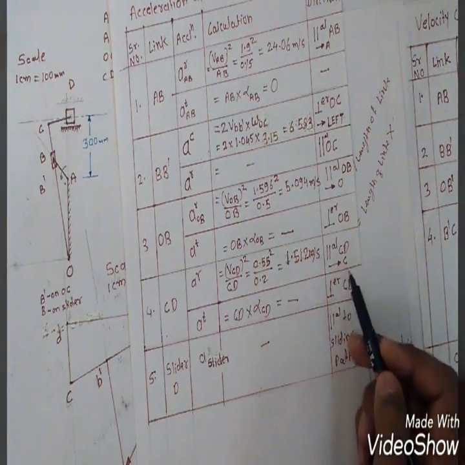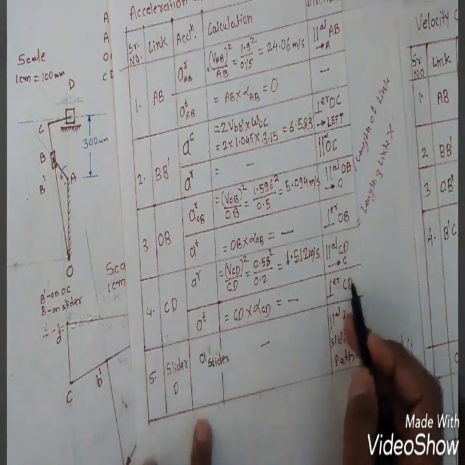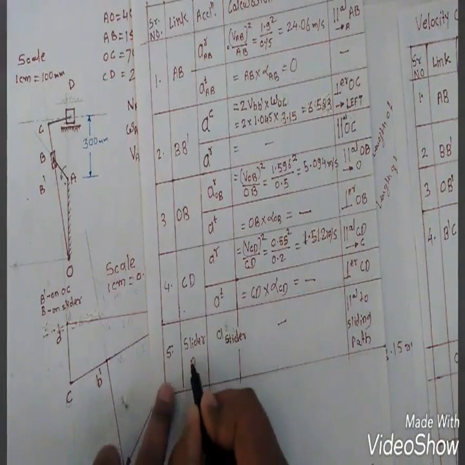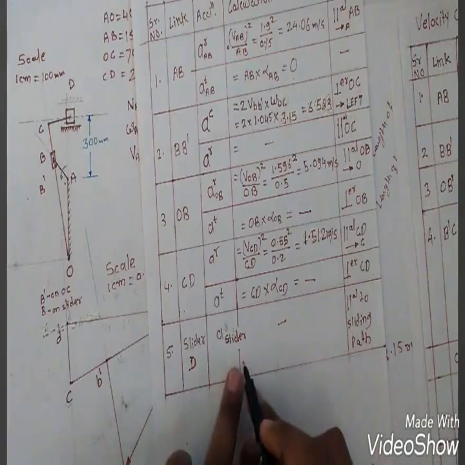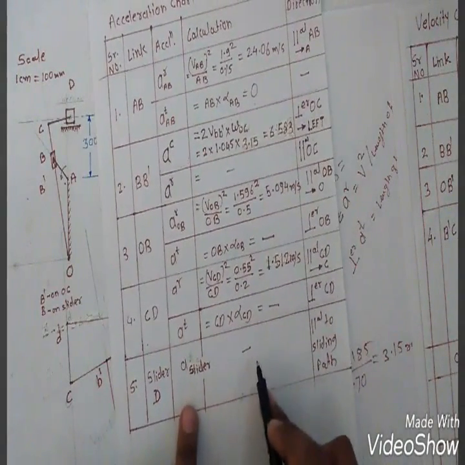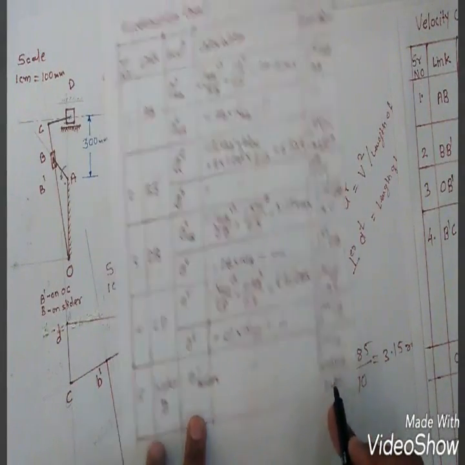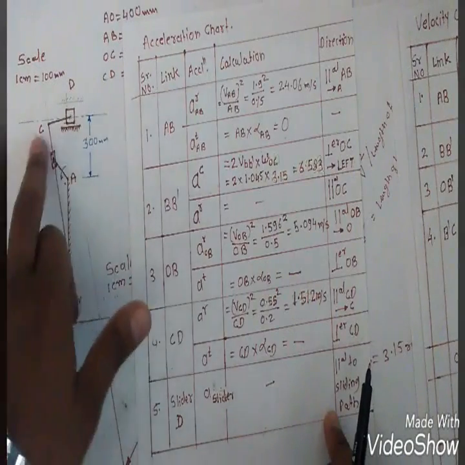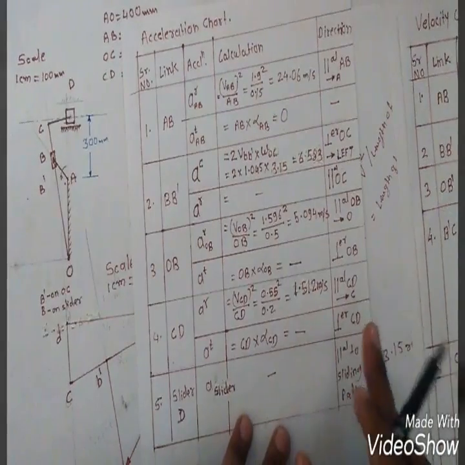And tangential acceleration is perpendicular to CD. And the last one, acceleration of slider D. We don't know its magnitude, but we know the direction, it is parallel to the sliding path. Here D is a slider, its sliding path is a horizontal line, its acceleration will be horizontal. This is the acceleration chart.